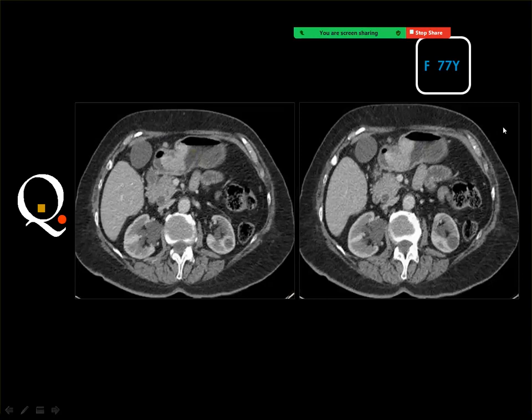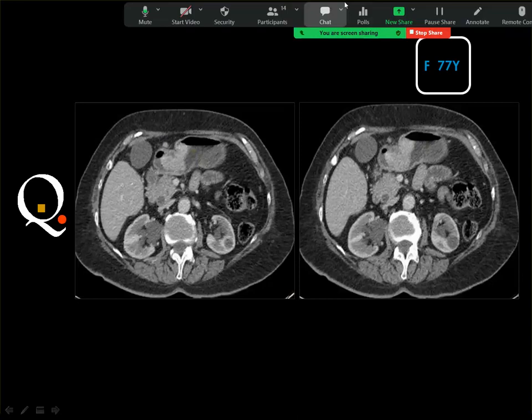The next case is a female patient, 77 years old, with this abdominal scan. Multiple lymphoma? Lymphoma where? In which organ? In the intestine?